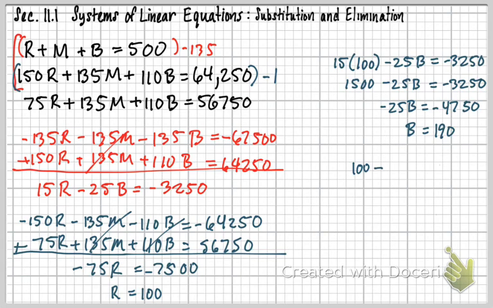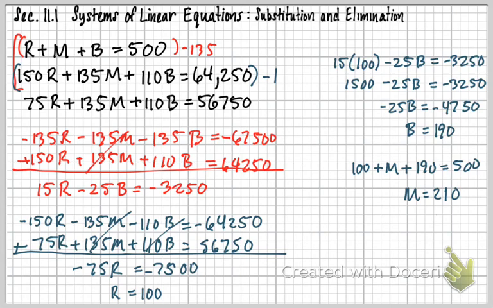And then my M I don't know, plus B is 190, and that equals 500. So then M is going to equal 210. So now we have all three answers for this.